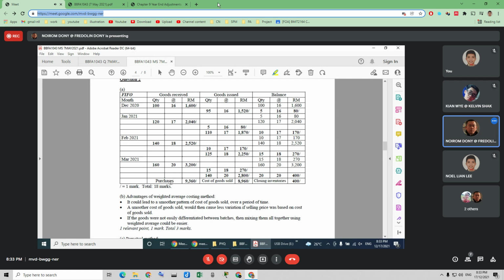We record goods received because the question states goods received, meaning this is not the opening balance, this is indicating the purchases.